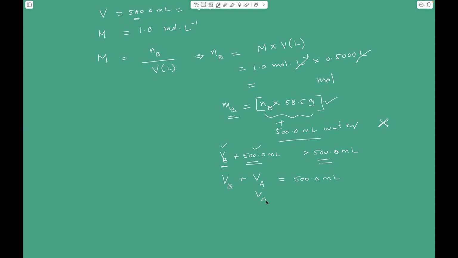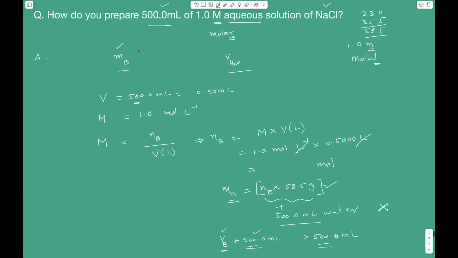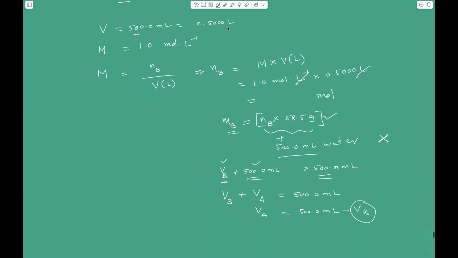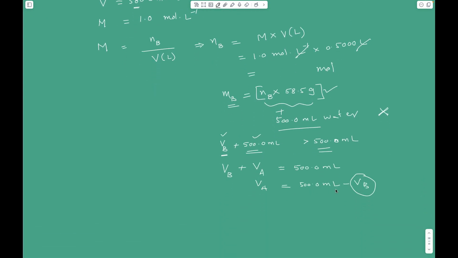Then VA, the volume of the solvent, in this case water, will be 500 milliliters minus VB. So, if you somehow know the volume of solute, the sodium chloride, that is needed for the preparation of this solution, subtract it from 500 ml to get the volume of water needed for the preparation of this solution.